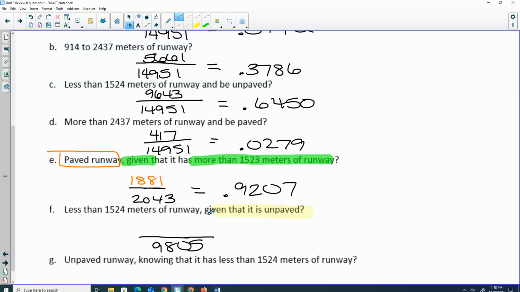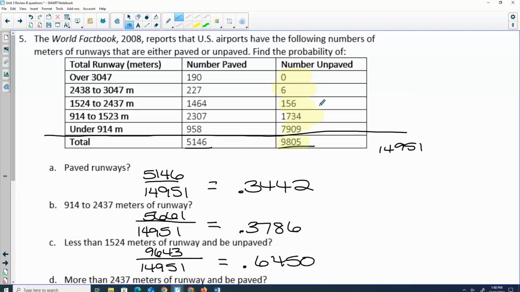The numerator, we want the ones that are less than 1524. So I'm only looking at what I've already highlighted.